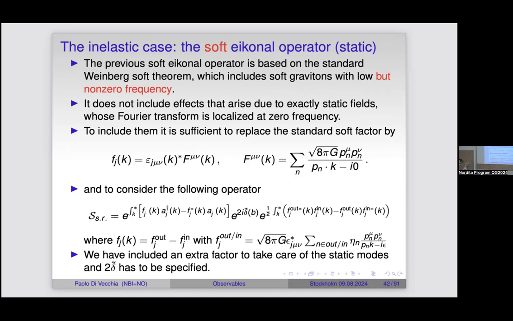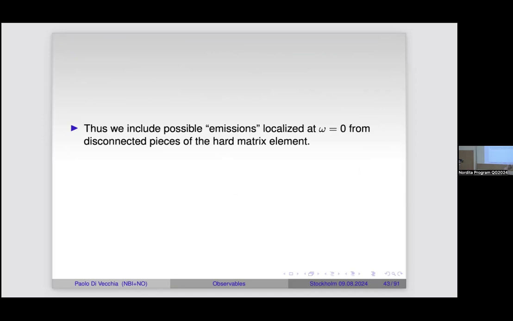And you consider, instead of the previous operator, you insert this factor that, you see, does not appear if you neglect this i epsilon. But in order to take care of the possibility of having graviton exactly at zero frequency, you insert this, and then you get quantities which are localized at omega equals 0.